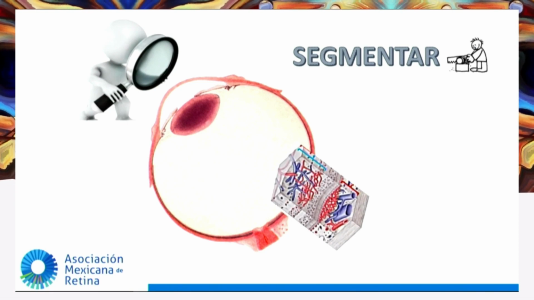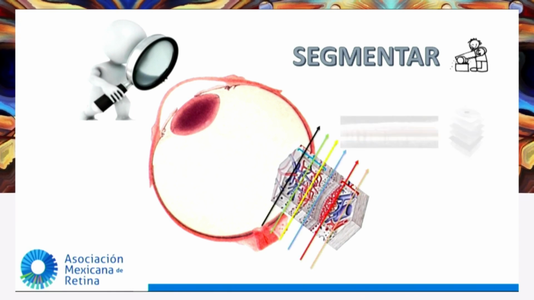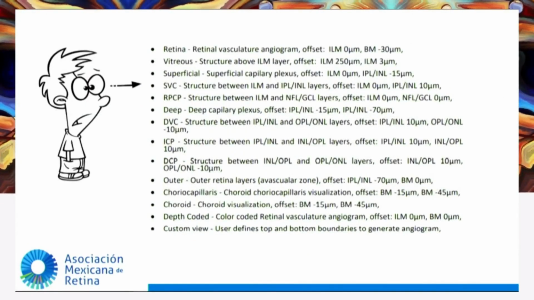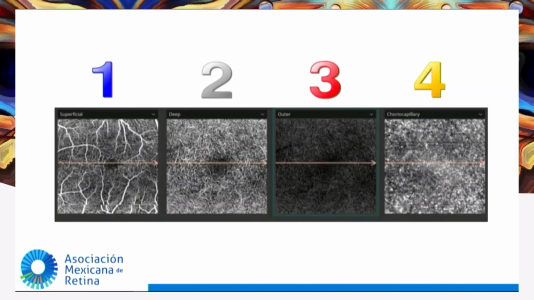We should also understand, as we already said, these are not photos, these are scans, and therefore the device can segment and show us each layer. This is why we can see the superficial layer, the deep plexus, and then we can understand all these layers. And the device can segment this in very many layers. And the next question that comes along is, will it be useful for me to see all these layers?